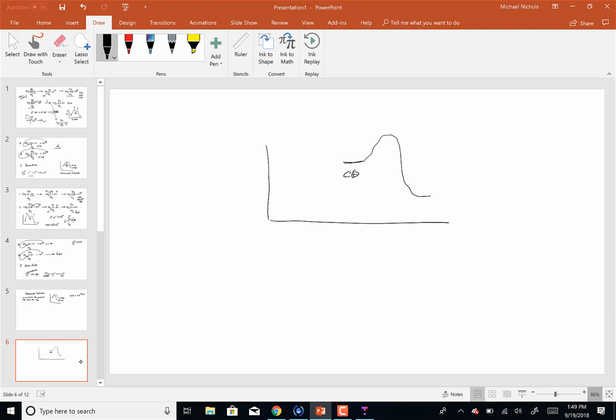If they go this way, there's a mountain. If they go this way, there's a mountain. If they go that way, there's a mountain. And those mountains are the transition states. And then on the other side of the mountains that they can't see are the products. And so if you're sitting here in between a transition state going this way or going this way, you're stuck.